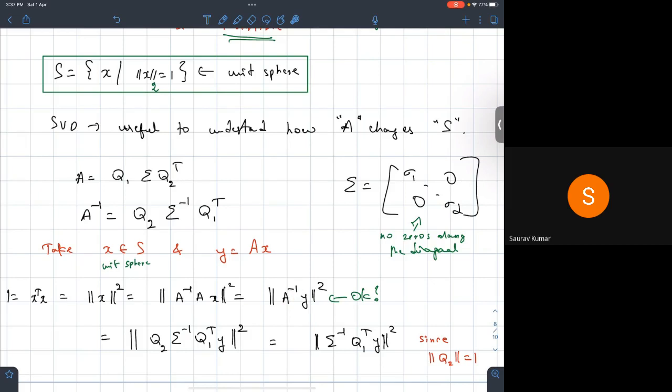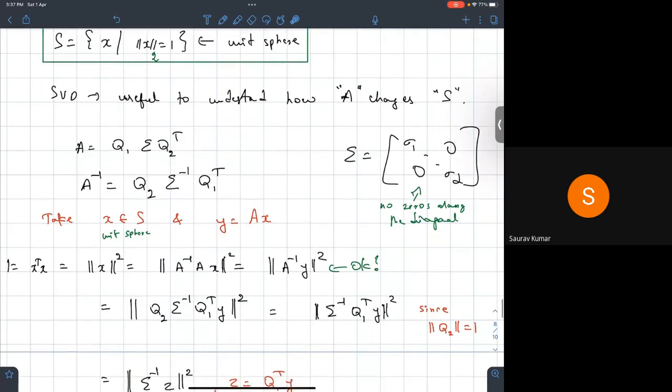Now A inverse has this form. The reason why I wrote A inverse was because I want to write it like this. And what is the norm of Q2? Q2 goes off because the norm of Q2 is 1, because it's an orthogonal matrix. That's something I'll leave as homework because I'm running out of time.